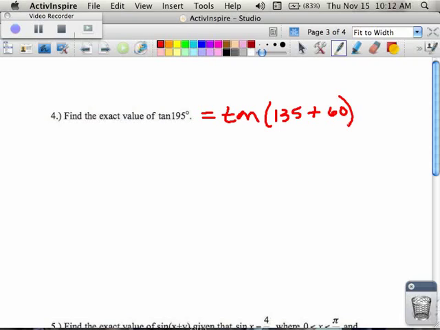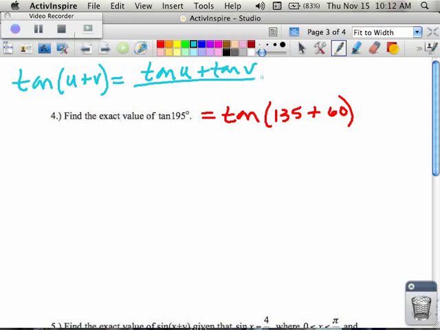Now if I see this, what that means is that I'm working with the formula for the tangent of u plus v off my formula sheet, which says I have the tangent of u plus the tangent of v all over 1 minus the tangent of u times the tangent of v. That's the one off the formula sheet that I am using.